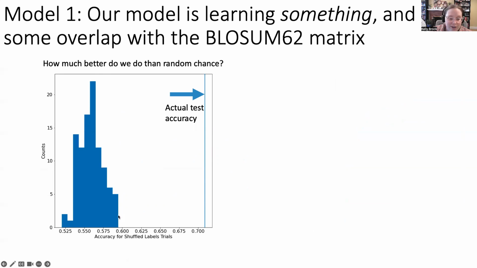When we make a randomized distribution where we're shuffling labels and evaluating based on those shuffled labels to try to get a sense for how well we could do by random chance, we're seeing that this test accuracy is definitely an improvement over the equivalent of flipping heads with our particular data.